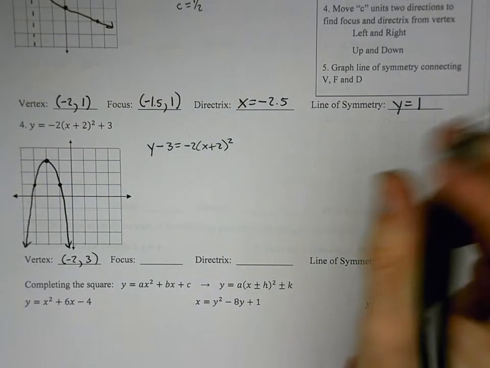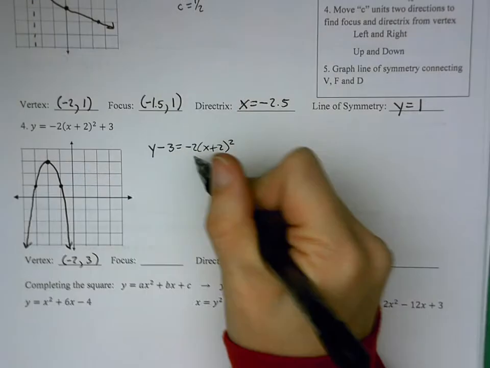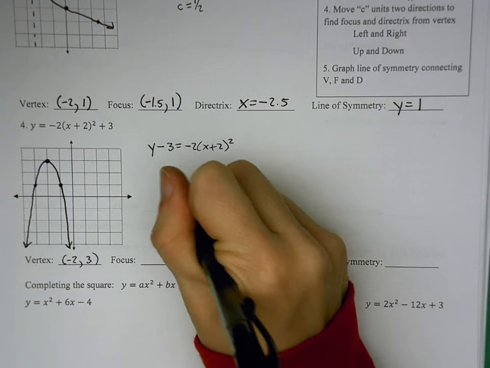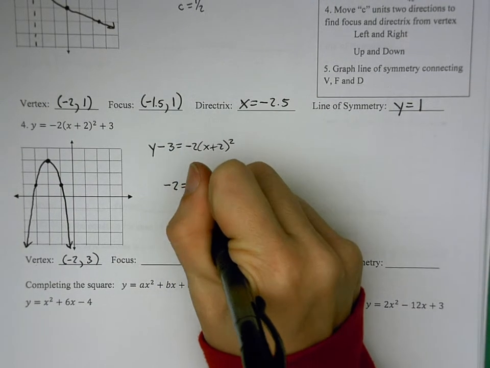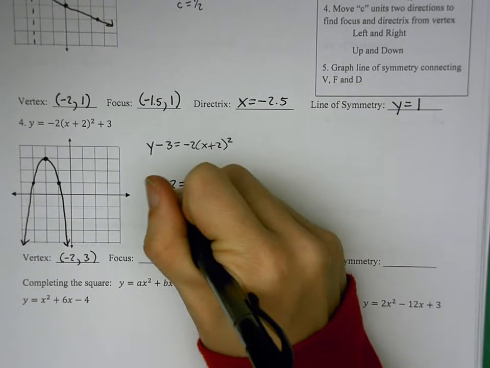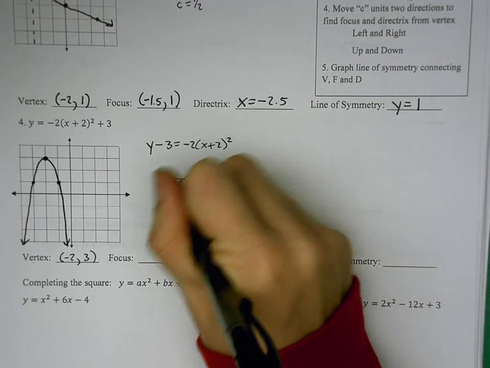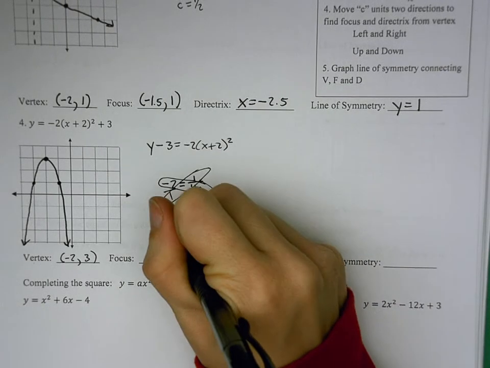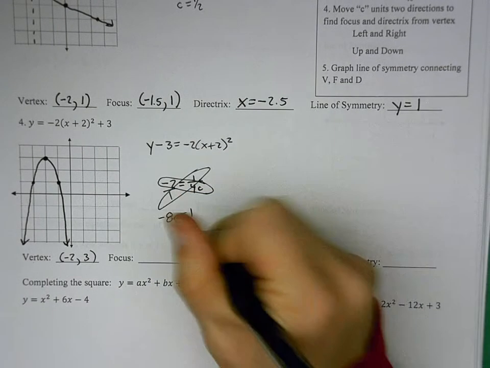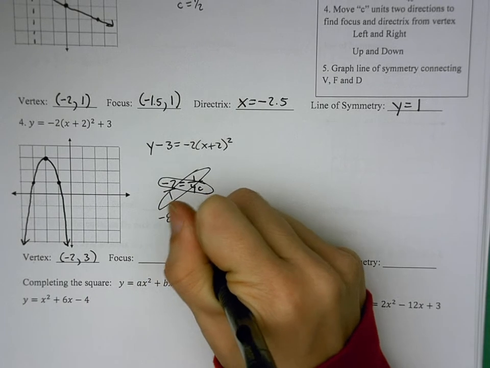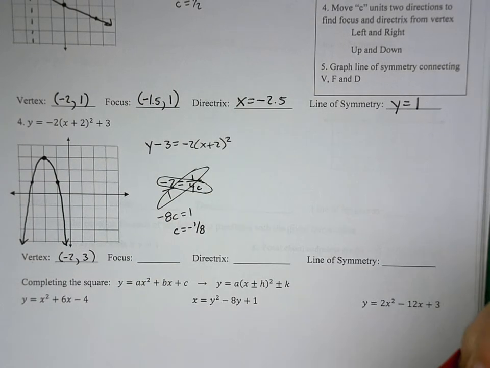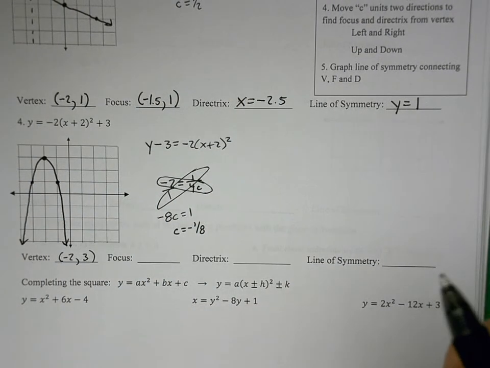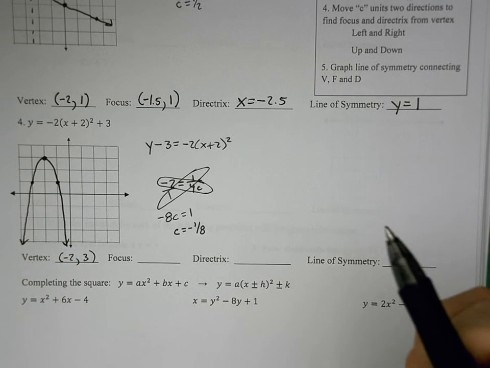Okay, finding your c then. So in this case, -2, which is my a, is equal to 1 over 4c. If I cross multiplied, I'd get -8c equals 1. Dividing the -8 would be c equals -1/8. And so I know I'm moving 1/8 to my focus and my directrix. Okay?